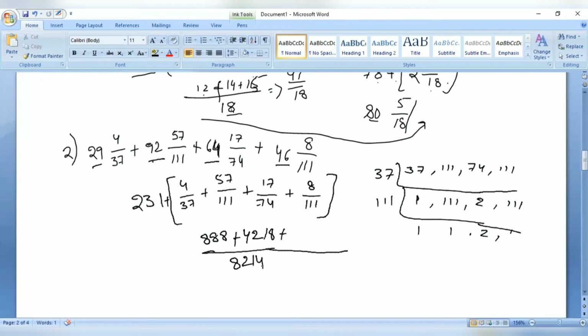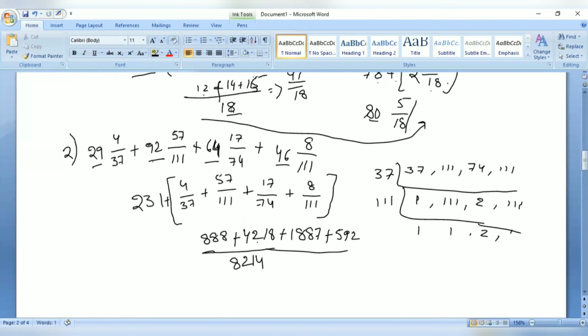111 into 17 will give you 1887 plus again 111. How many times, sir? We have already seen it. It is 74 times. So 74 into 8 will give us 592. Right?